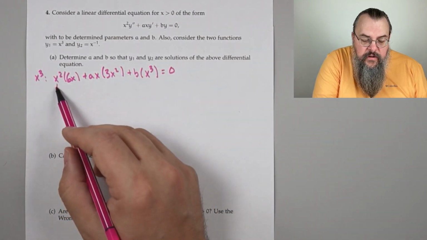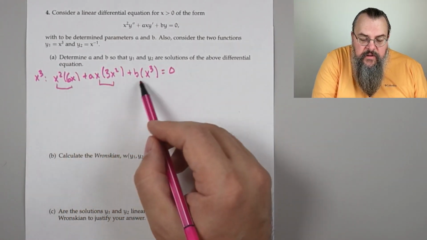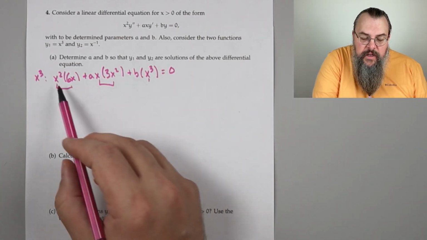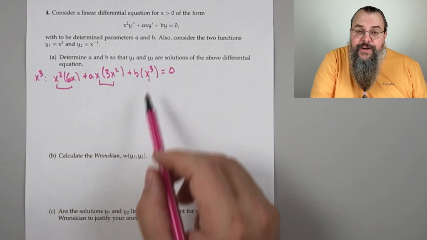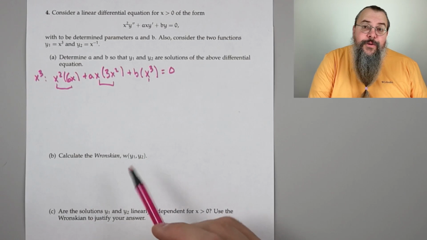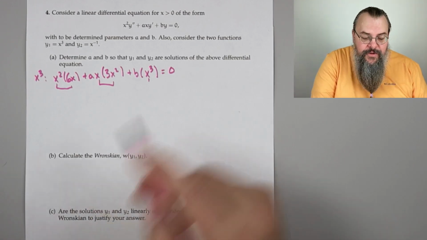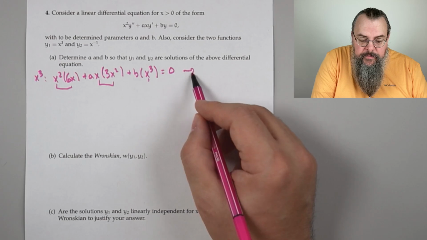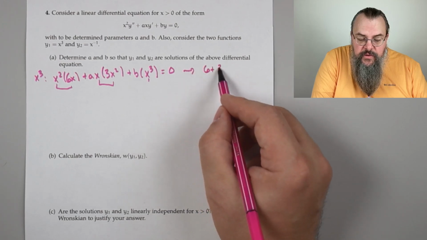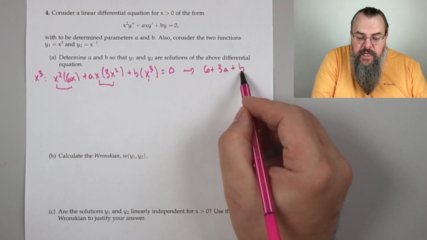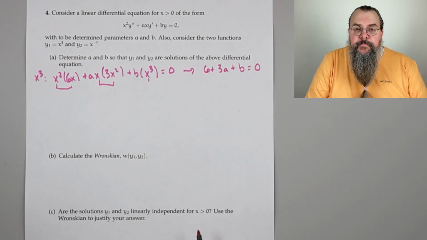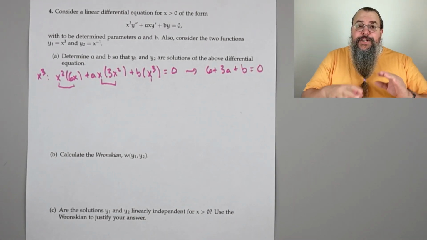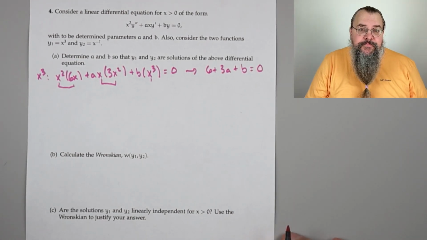Now notice that every term has an x cubed: x squared times x, x times x squared, x cubed. So we can divide out the x cubed, and we get 6 plus 3a plus b equals 0. Okay, so now we know a relationship between a and b.